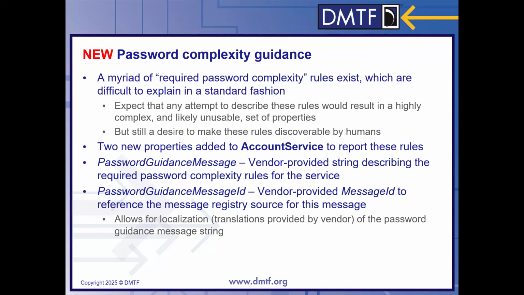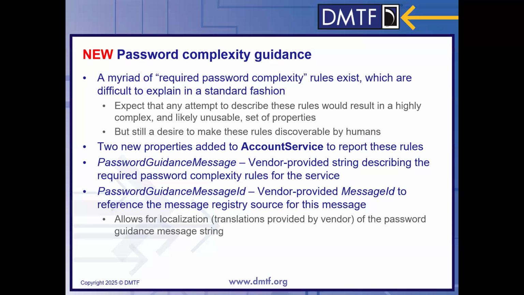So there were two properties added to AccountService because we assume that the complexity requirements are done at the AccountService level, they're not applied on a per account basis. So the first property is a password guidance message.